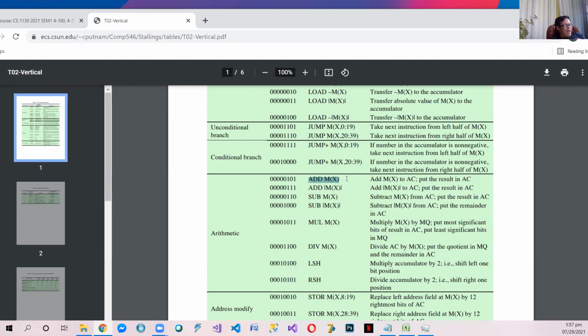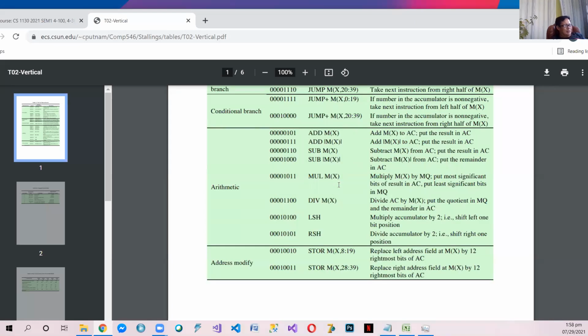Okay? We have add. We have the plus card, no? We have add MX, which means add the contents of the accumulator with the value in M of X. Add absolute. You have sub MX, no? And then sub absolute, which means whatever the sign is, you convert this to positive.